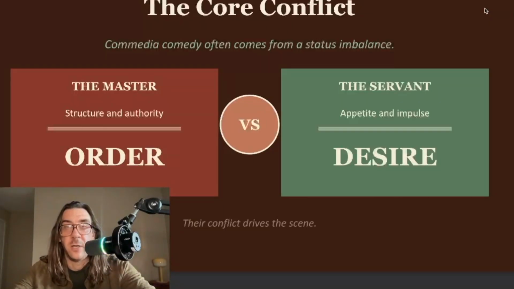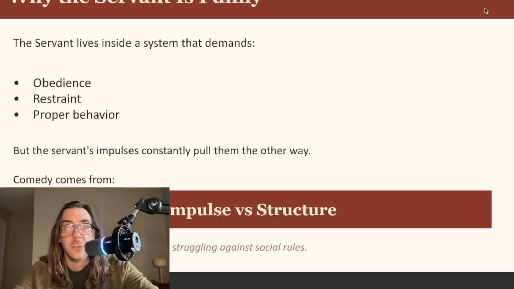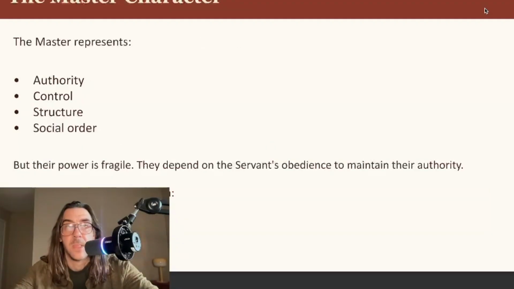They have, as I said, insights or maybe some extra knowledge and some extra help. Okay, look at this. The servant is appetite in human form. So it kind of gives you an insight to what to do. I love it. Now, I made these slides.